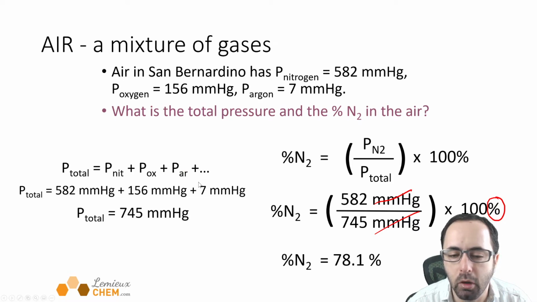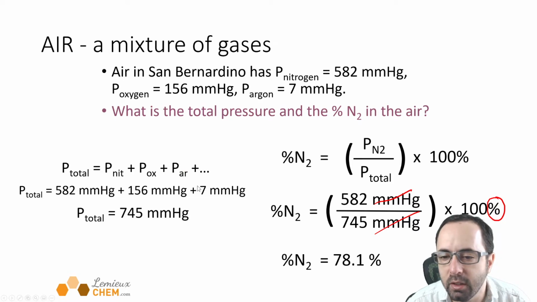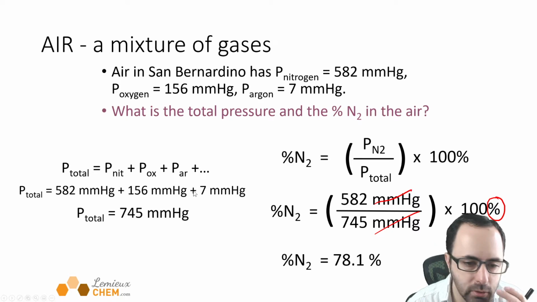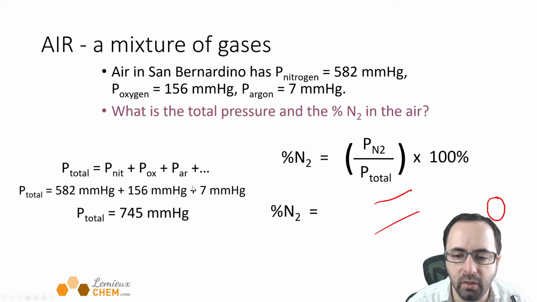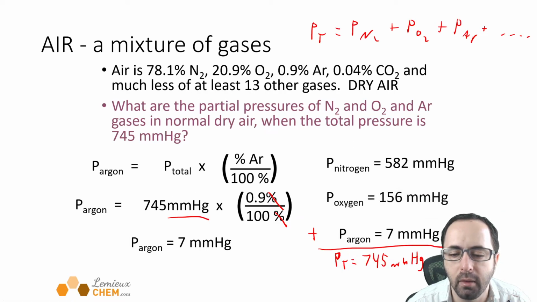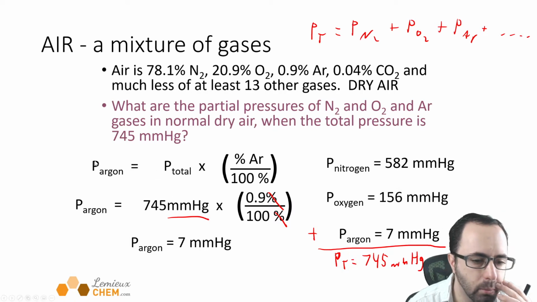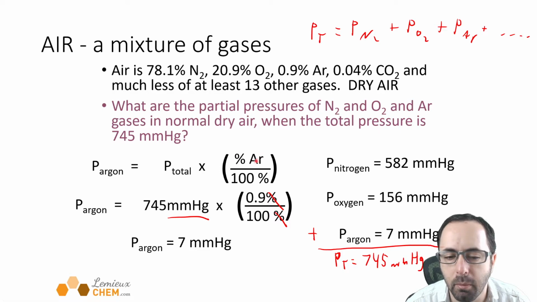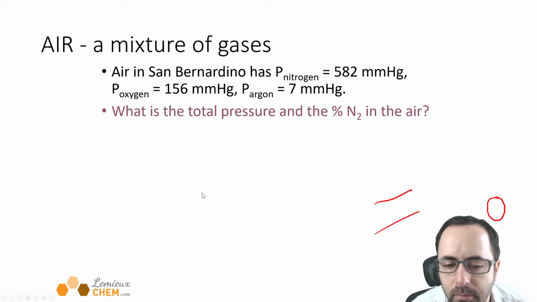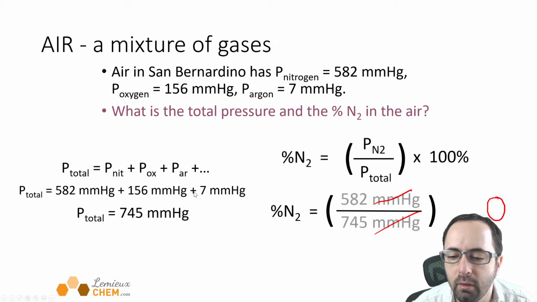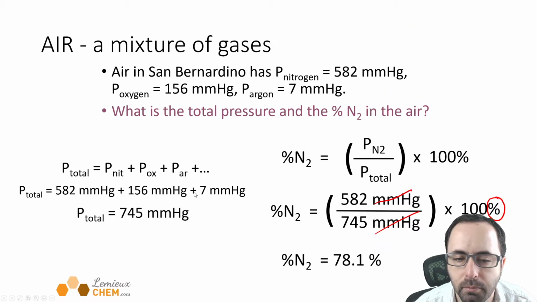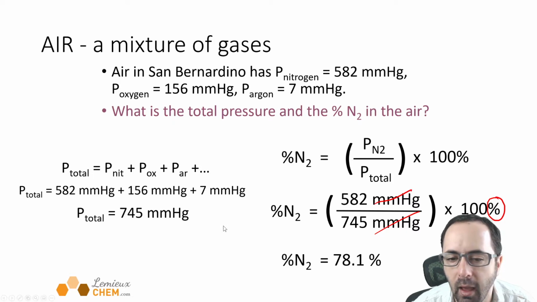And if you want the partial pressure, you take the percentage, turn it into a decimal, and multiply that by the total pressure, just like we had on the last slide. So that's Dalton's law of partial pressures. And that's how you can figure out the pressure due to each particular gas.